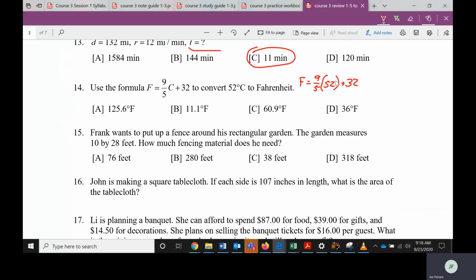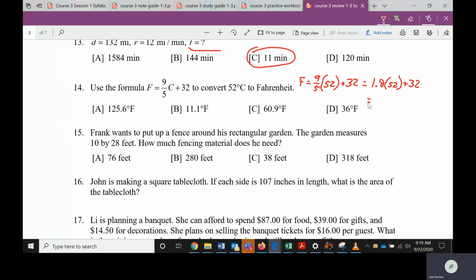So what you can do here, we haven't really done a problem like this yet. You can change that 9/5 to a decimal. Okay, if you take 9 divided by 5, that's 1.8. Then times 52, and then plus 32.